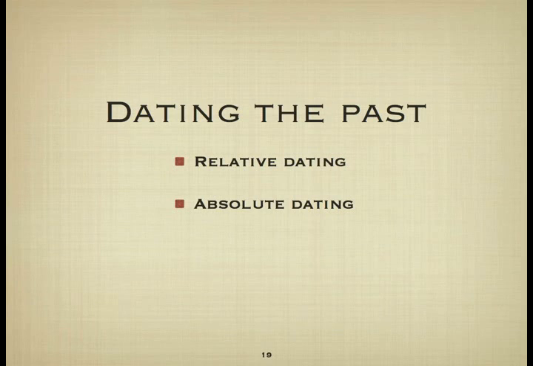So the use of fossils to determine how old something is called relative dating. Now, even before absolute dating, even before the use of chemical radioactive means to determine how old something was, paleontologists had a pretty good idea of at least what came first.